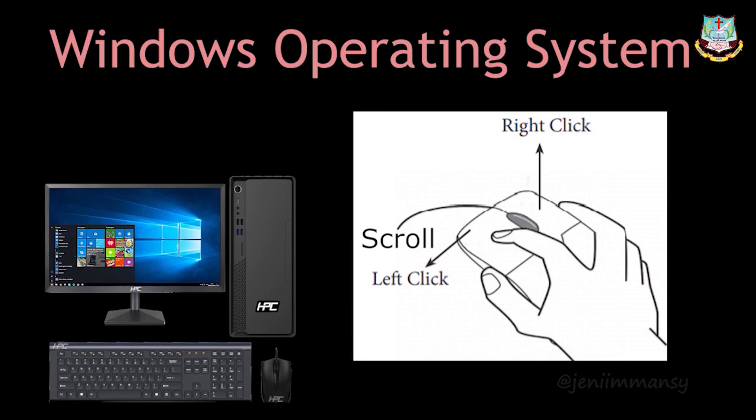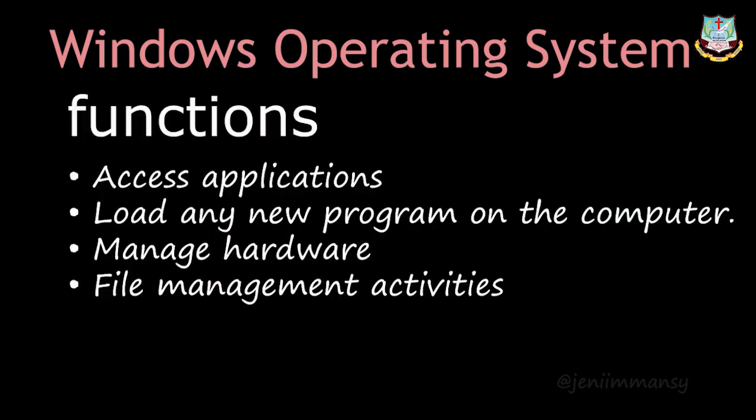And let's see the functions of Windows operating system. Okay, access applications. That means a program on computer. It may be for word processing or for games, or it may be used as Excel, that is a spreadsheet, or for calculations, and for many other uses this Windows operating system is used. Okay, so this is a program on the computer. Okay, this can load any new program in a computer.